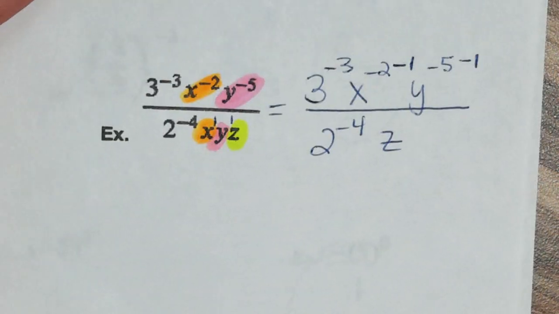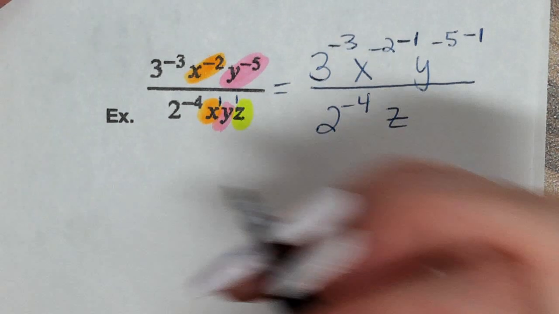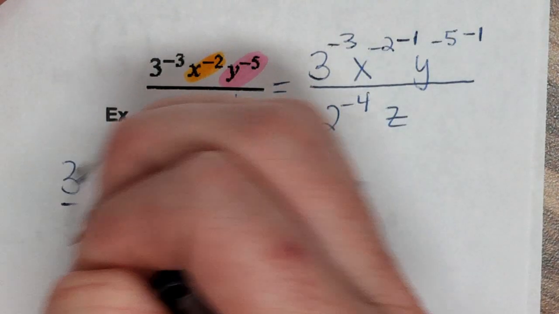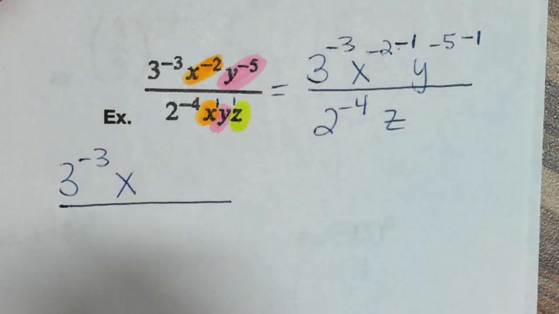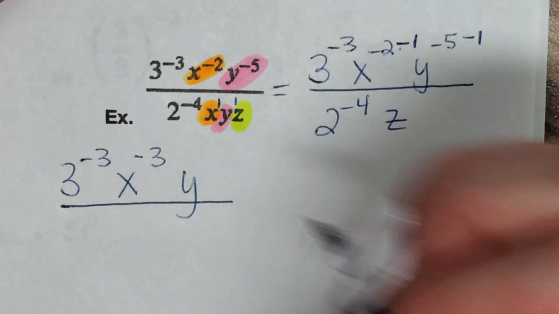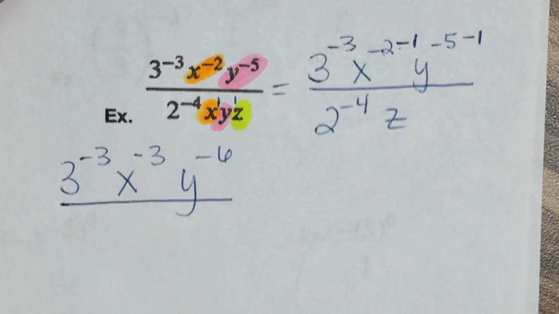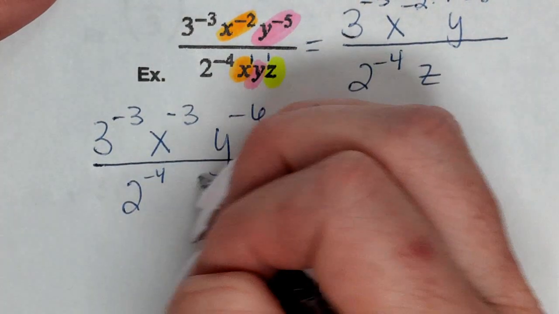That's the hardest part. Now we just do our math. So here we go. 3 to the negative 3, x to the, what's negative 2 minus 1, y to the negative 5 minus 1, which is negative 6, over 2 to the negative 4, z.